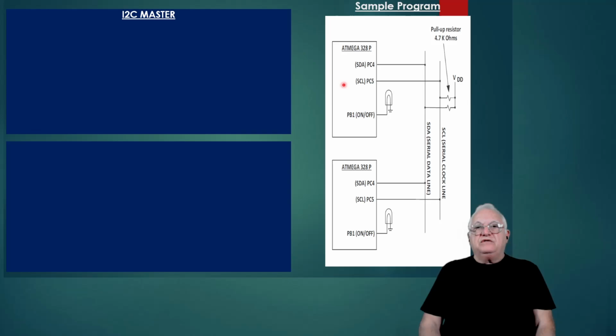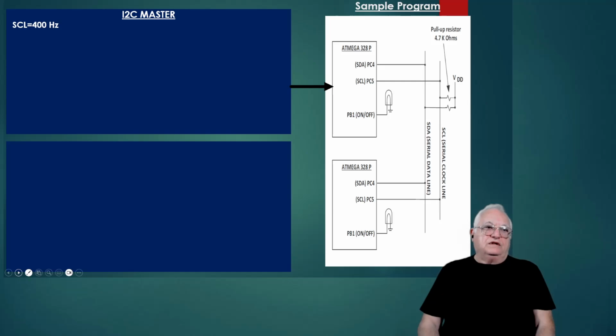So the idea here is the master is going to send data to the slave requesting certain data, and the slave will get that data and see what the master wants, and then return the data requested.